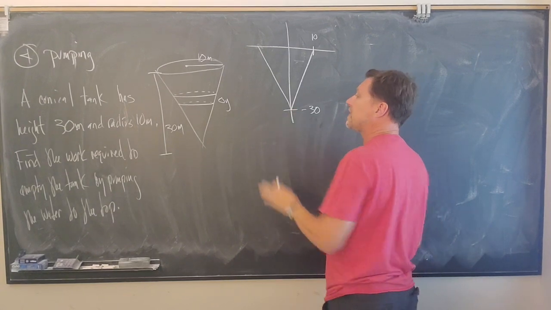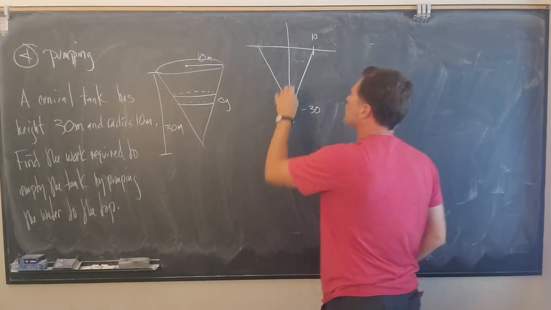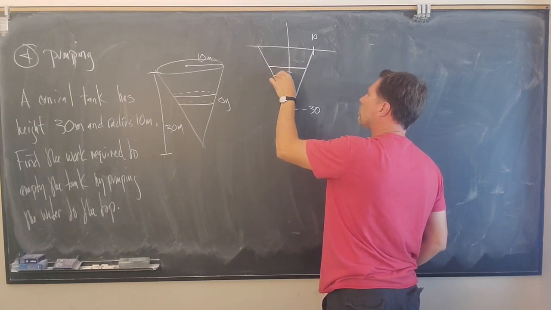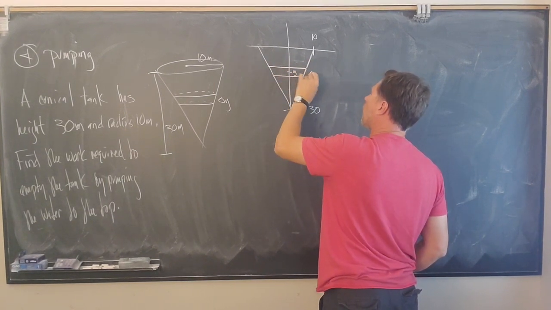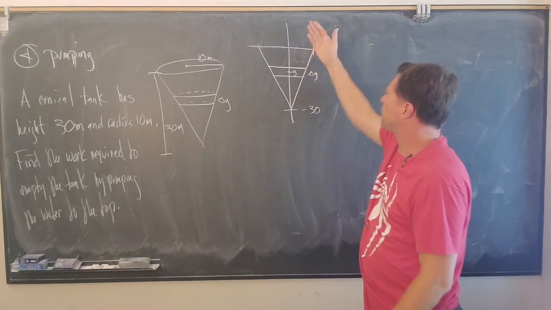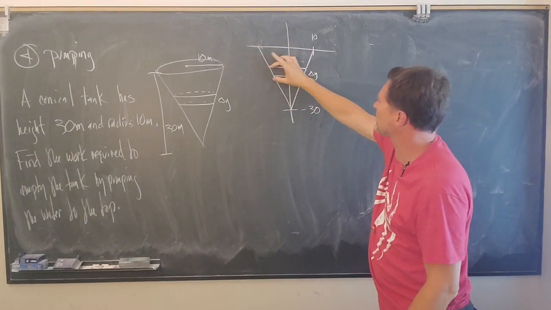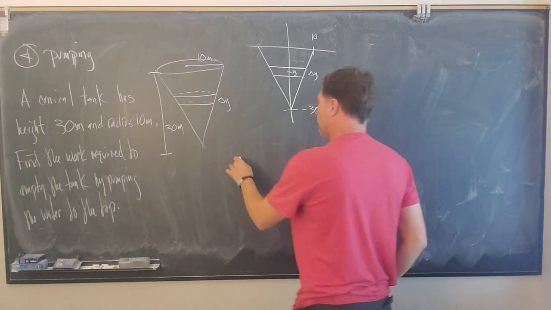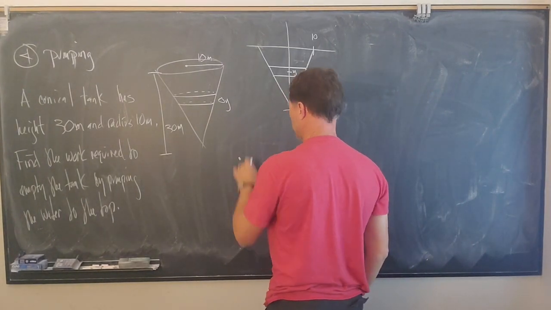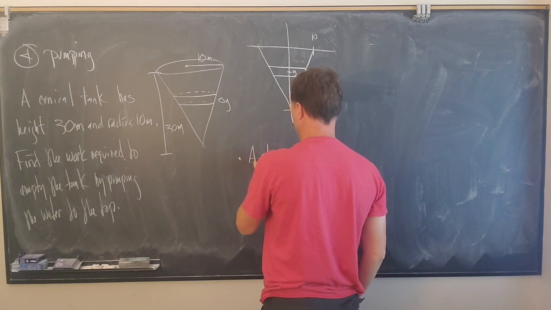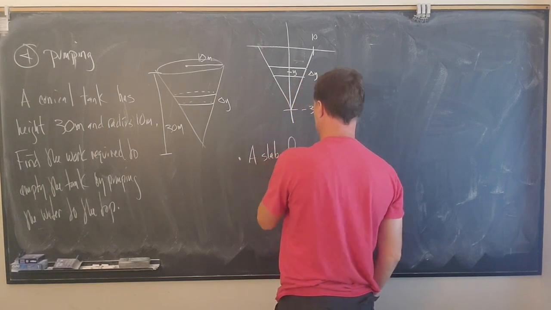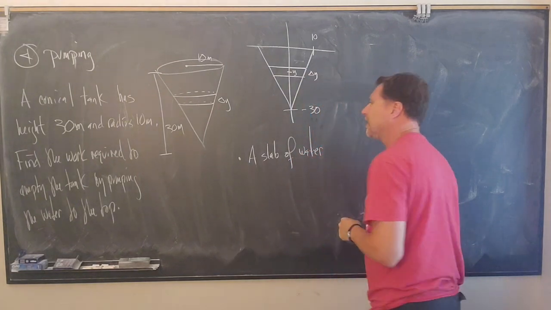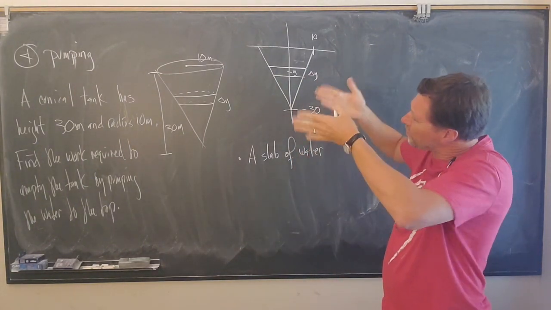So now, if we take a slab here at position y, of thickness delta y, then the two-dimensional picture is going to be here. So this slab right here corresponds to that slab right here. So the first thing to notice, a slab of water, well, it's not a perfect cylinder, but it's roughly cylindrical, right?